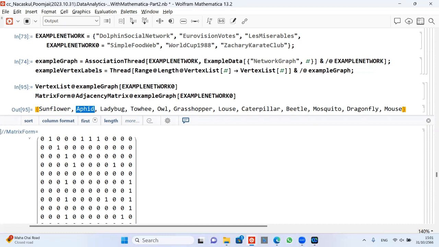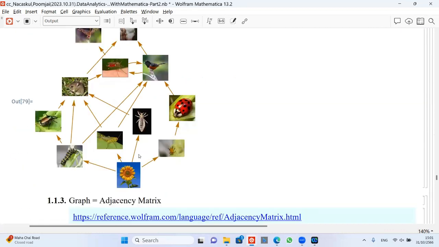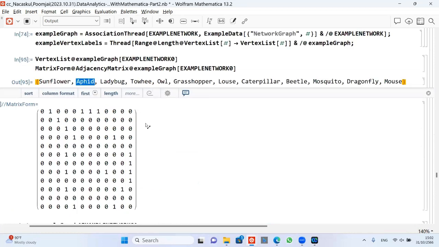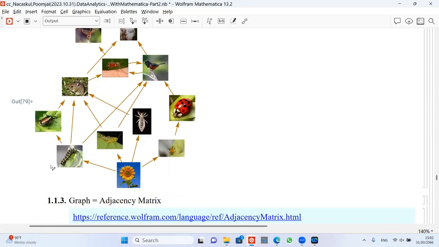So sunflower has 1 corresponding to aphid, grasshopper, louse, and caterpillar. 1 means it gets eaten by. It feeds. See? Sunflower, grasshopper, louse. What was the other one? Caterpillar and aphid. So this is aphid.